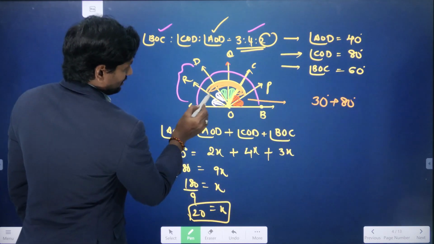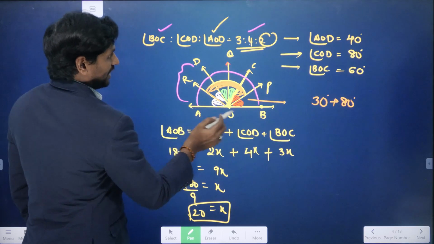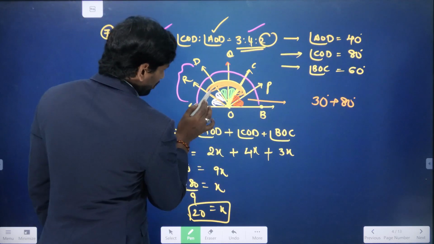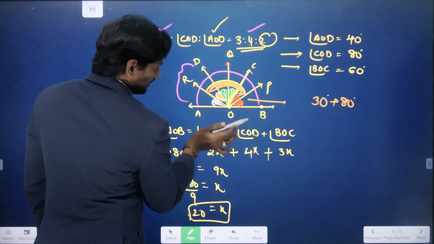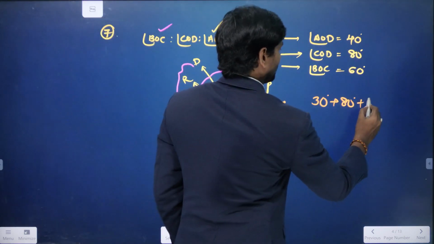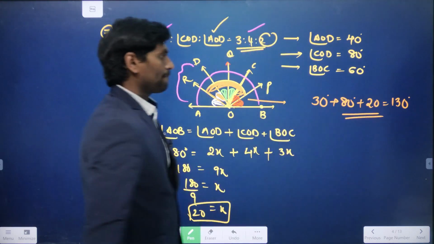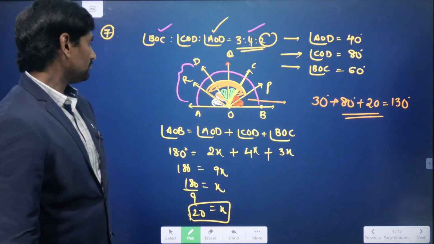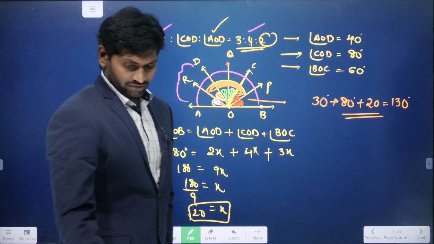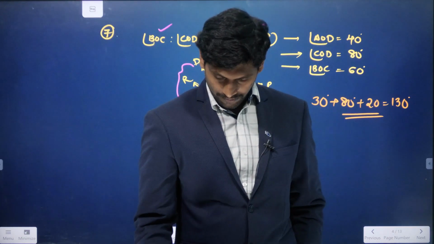And AOD is 40 degrees, but we are not taking the total angle, only half of it, that means 20 degrees. So the answer will be 130 degrees. Okay? Please check. We'll go to the next problem.